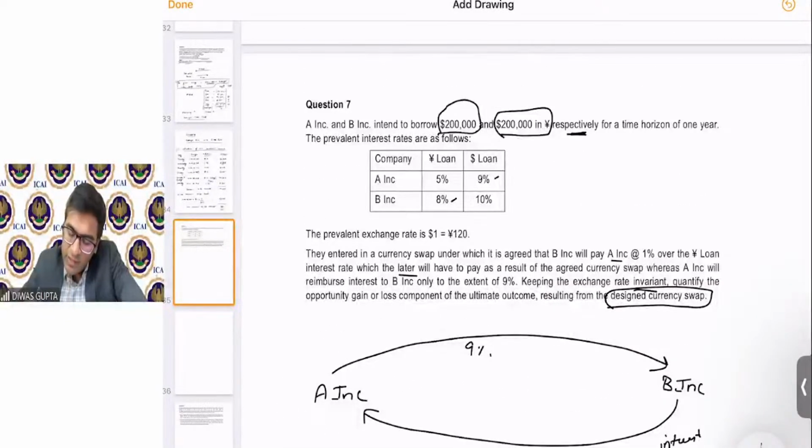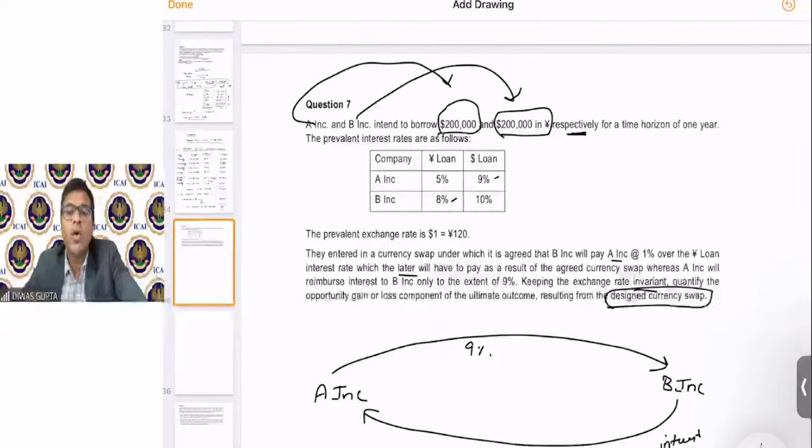Respectively means A wants to borrow in dollars, B wants to borrow 2 lakh equivalent dollars in yen. Agreed? So first of all, their preferences are A to dollars and B to yen.